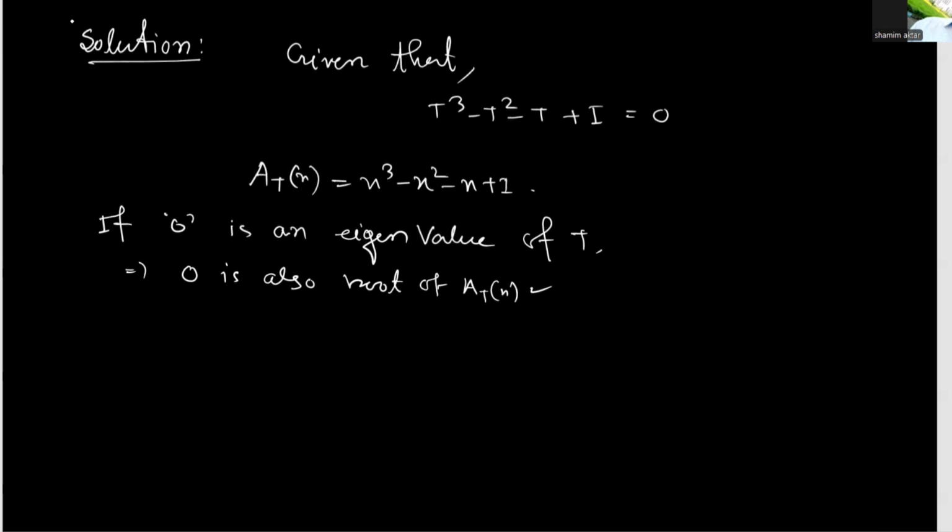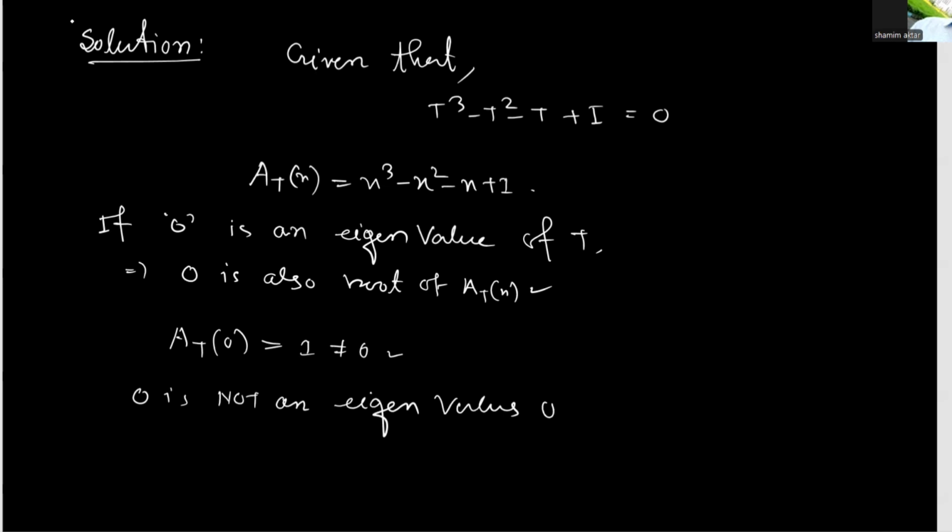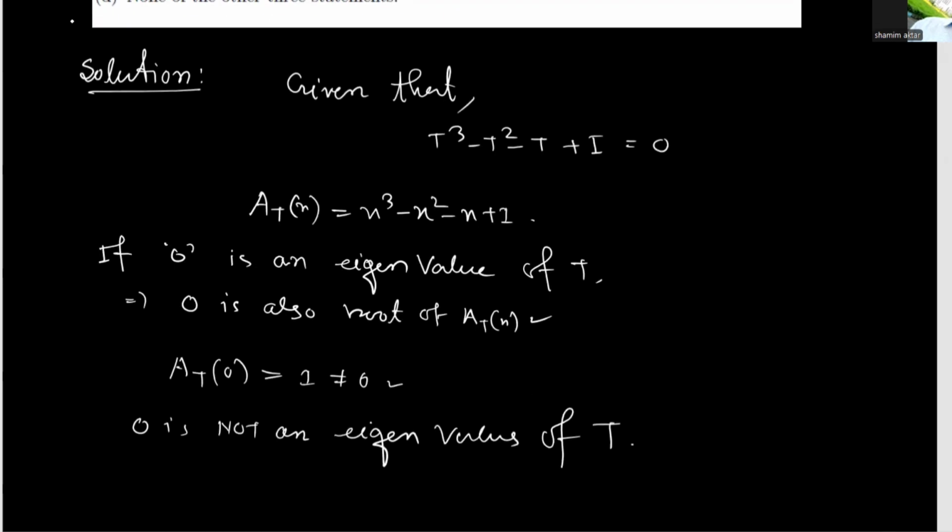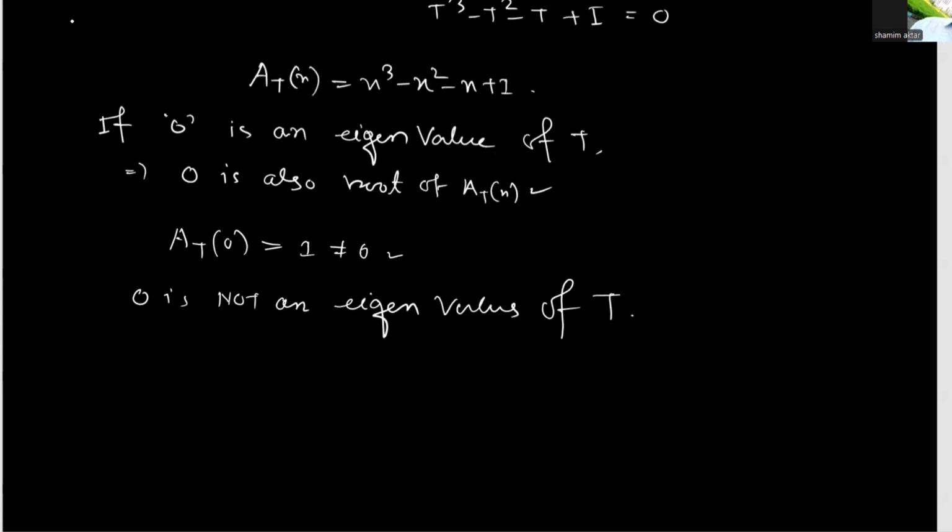Now check A_T(0), that is equal to 1, not equal to 0. So 0 is not an eigenvalue of T. And we know that T is invertible if and only if 0 is not an eigenvalue.